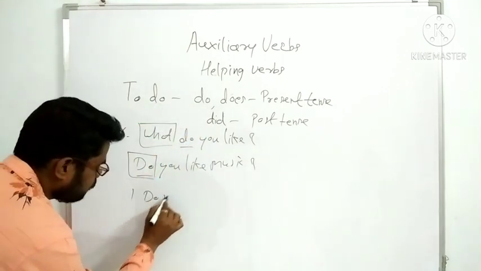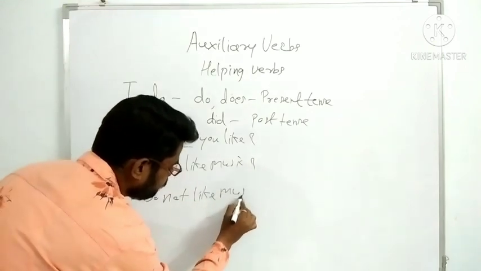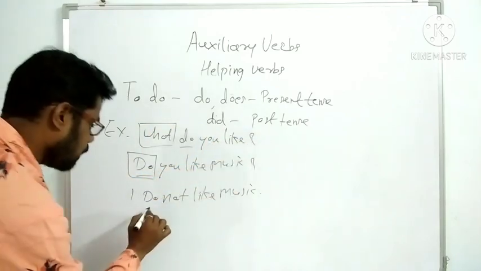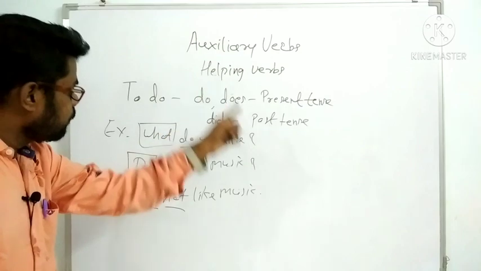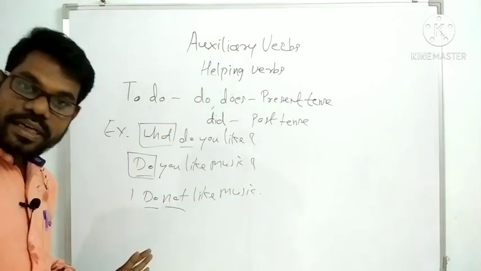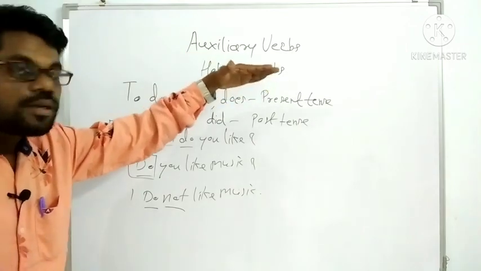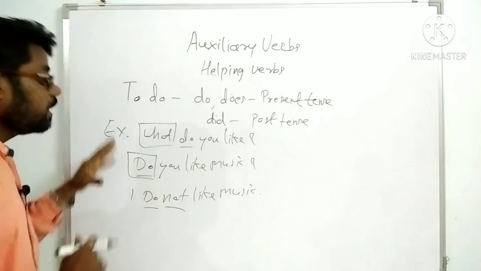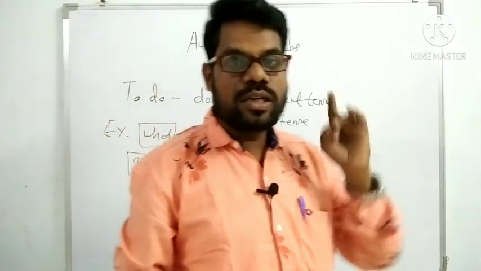I do not like music. See here, I do not like music. We simply add not, and then we construct a negative sentence. So in this way we use do, does in a present tense for making negative sentences, for making yes no type questions, and also for making the WH question.